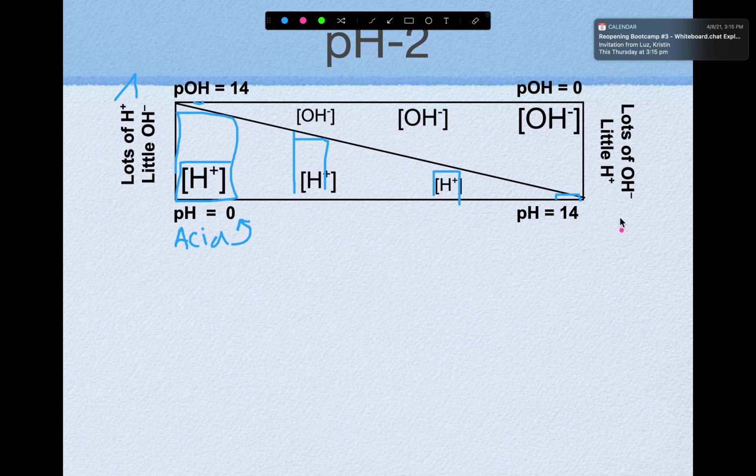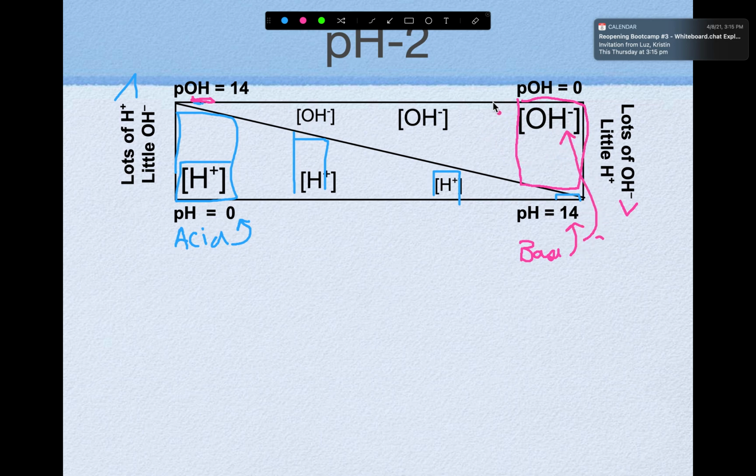On the other hand, if I have lots of hydroxide and a little bit of H+, then the bar graph is big for OH and gets small for H+ down here. This is my base, which has a pH of high numbers and a large amount of OH.